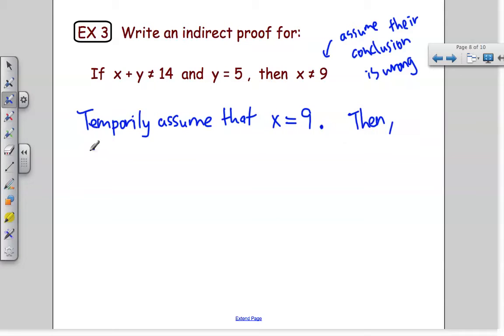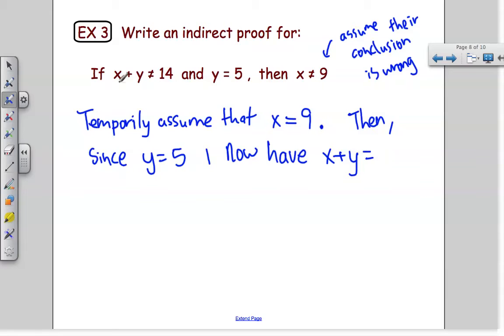So I'm going to say then, since y equals 5, that was what was right here, I now have x plus y. This is still something that has to be true, that x plus y can't equal 14. But I now have that x plus y equals, well, x was 9 plus, and again, y is 5.